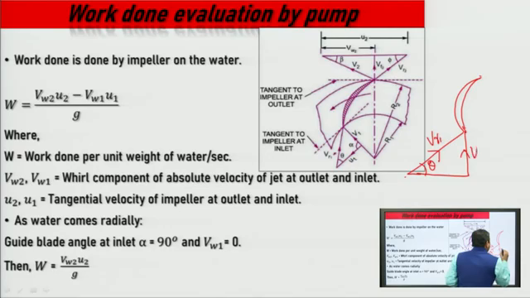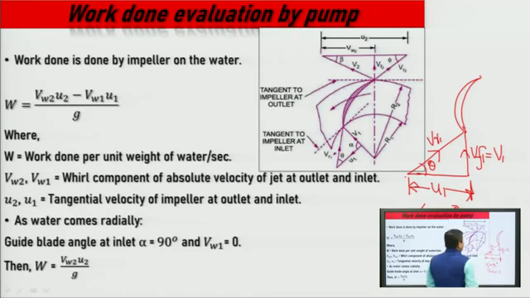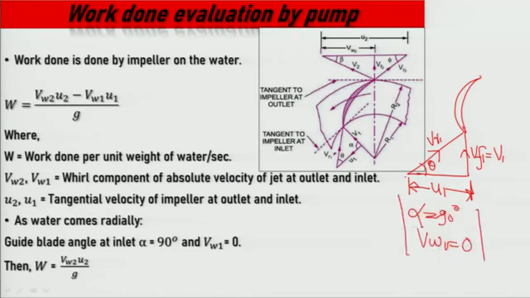This is the velocity of flow Vf1, equal to the absolute velocity V1, and this is U1. This angle alpha is 90 degrees at this place. So what is VW1? VW1 equals 0 and V1 equals Vf1. So that is all about the inlet velocity diagram, and this one is the outlet velocity diagram.